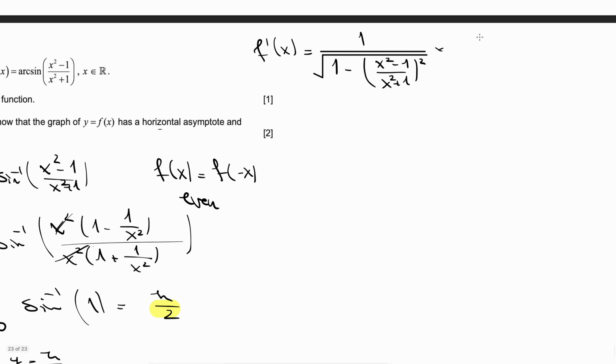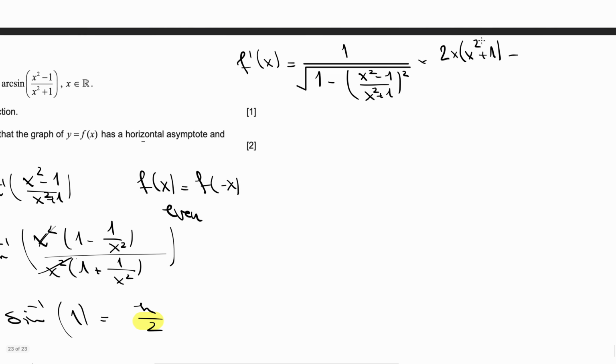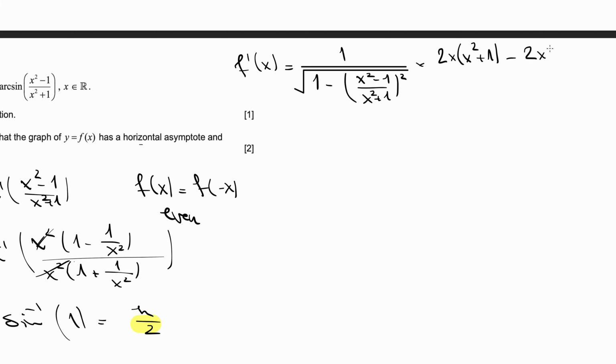So the derivative of x squared minus 1 is simply 2x, 2x times x squared plus 1. And then minus the derivative of x squared plus 1, which is again 2x times x squared minus 1. All of this over x squared plus 1 squared.